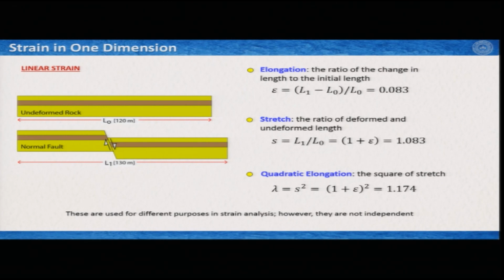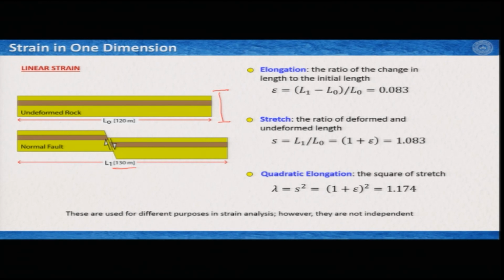There are 3 basic terms. One is elongation, one is stretch, and another is quadratic elongation. So here I have a representation of undeformed rock with length, say, 120 meters, L0, and if I make a normal fault on this layered rock, then say the length changes to 130 meters because it has extended.